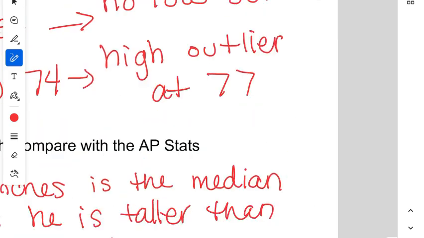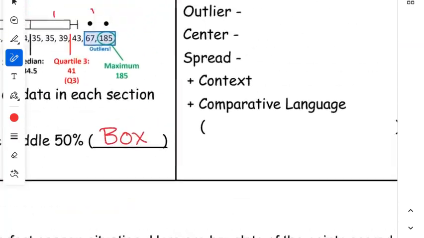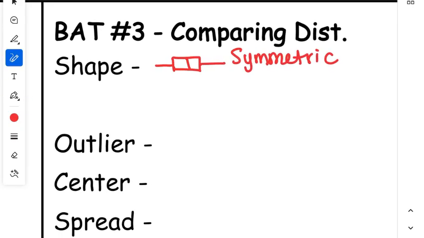Okay, and then when we compare distributions, we've got to use SOCS. So for box plots, symmetric is going to look the same on both sides of the median. So it'll look similar to that. That would be symmetric, when it's about the same.